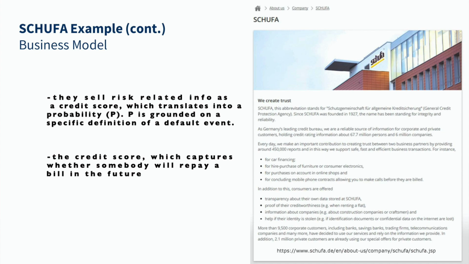So the risk-related info that they sell is a credit score, which translates into a probability, which I abbreviate as P, P of default, and this probability is grounded on a specific definition of a default event.